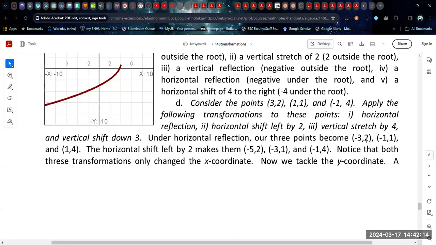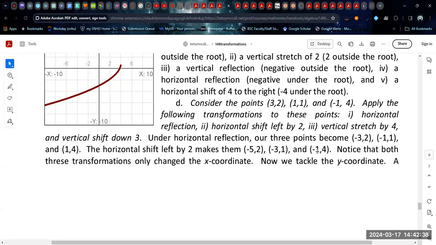We're literally just going to shift them left by 2. So we're going to subtract 2 from those values. So -3 minus 2 is -5, -1 minus 2 is -3, and then 1 minus 2, we're back to -1 again. Again, these are horizontal transformations. They're only affecting the x coordinate.